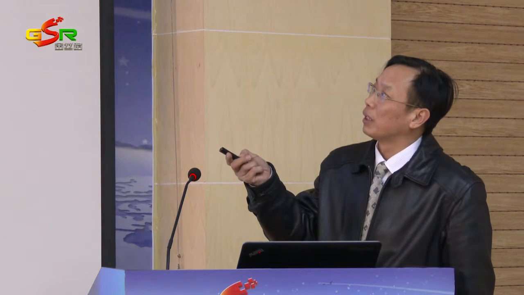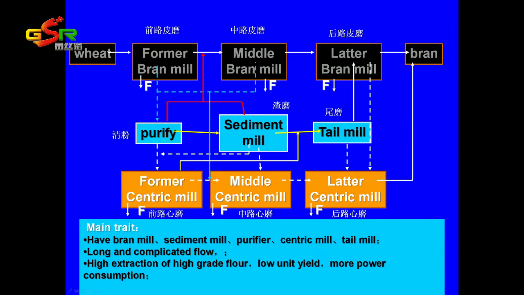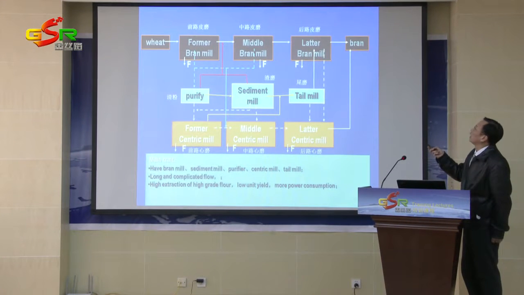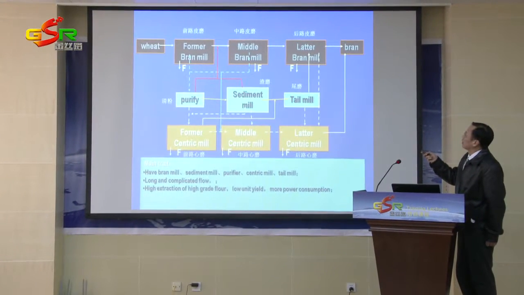After the former bran mill, we can get flour. The material on top of the sieve goes to the second bran mill, and there we can step by step send the top material in the sifter to another bran mill.